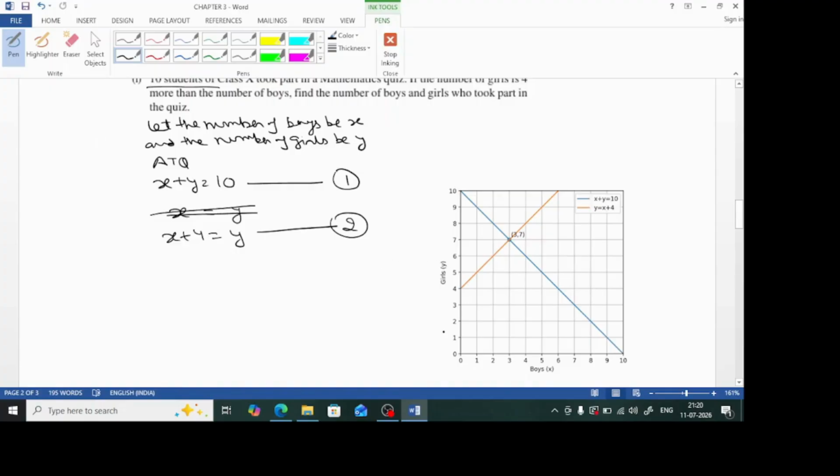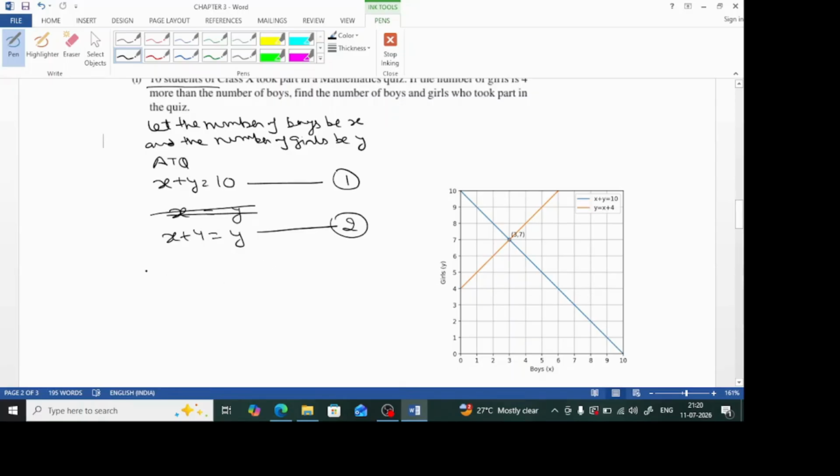It means there are 3 boys and 7 girls, and it is satisfying our condition that the number of girls is 4 more than the number of boys. Here the number of girls is 7 and the number of boys is 3, therefore there are 4 girls extra than the boys.